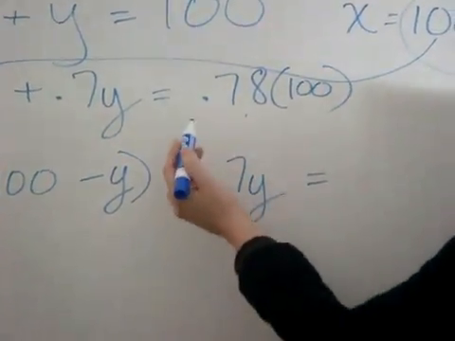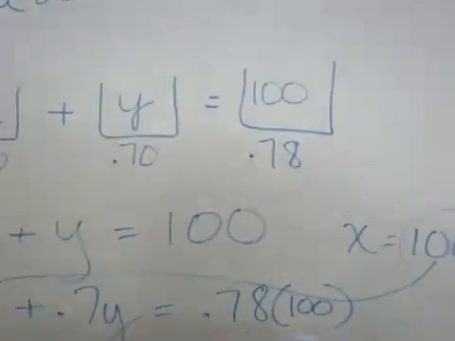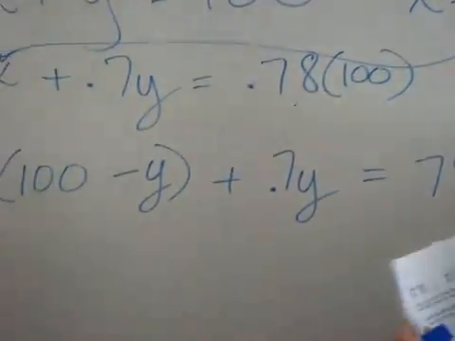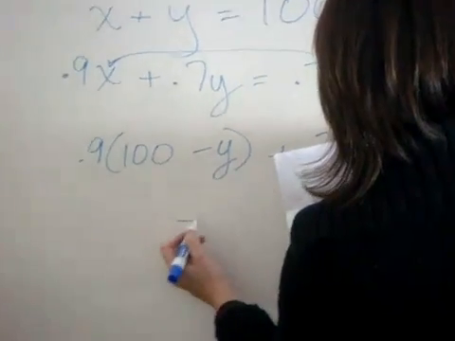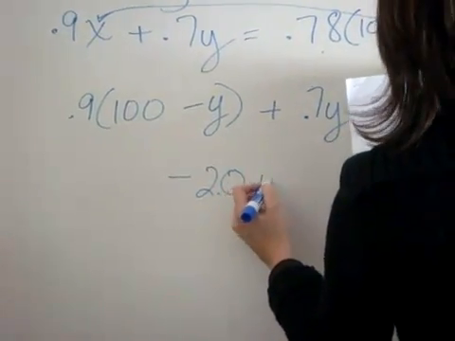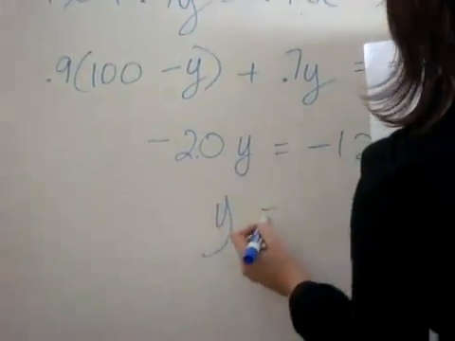That was bad. Equals 78. So this times this times this, and this times this, even though I didn't write that. So now we just solve it for y. This is simple solving. And we're going to get negative 2.0y equals negative 12. And y is going to equal 60.